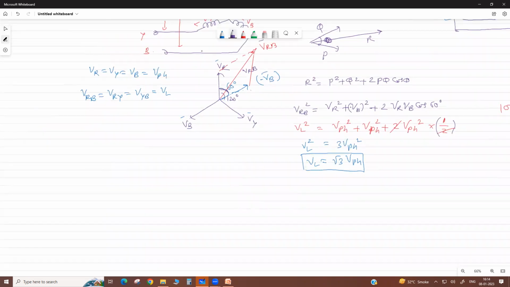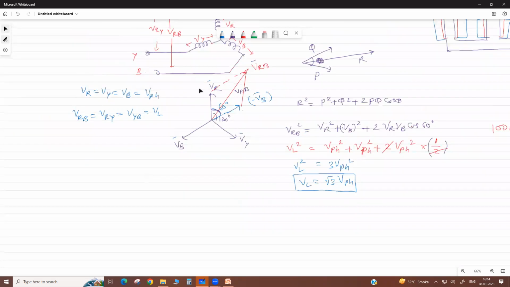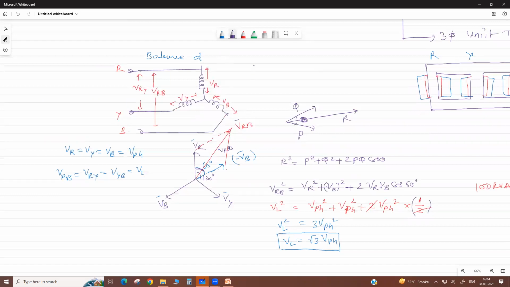See, suppose your transformer is a three-phase transformer. This is the primary of the transformer. Now suppose the secondary side is delta connected.